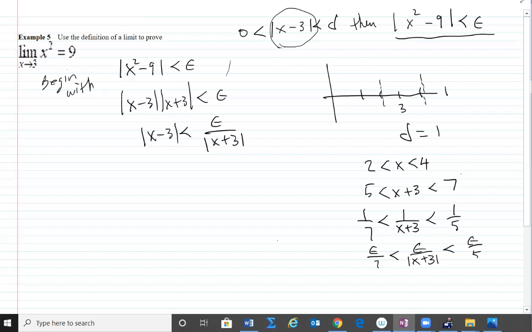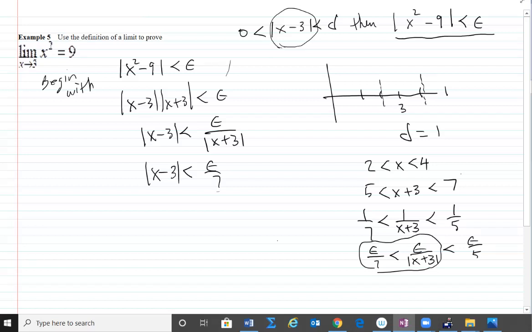So now, if I pick delta equal to epsilon over 7, and in my inequality over here, that will automatically imply this. Okay, so I'll have this, which would then imply this, since epsilon. Okay, so that's what I'm going to do.